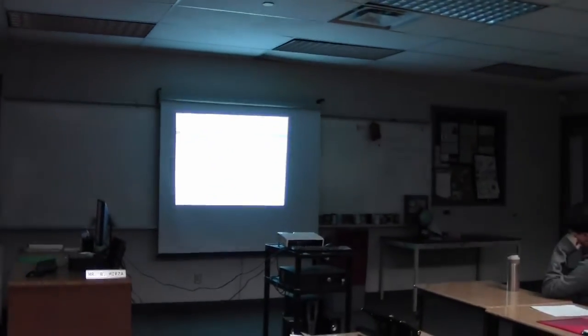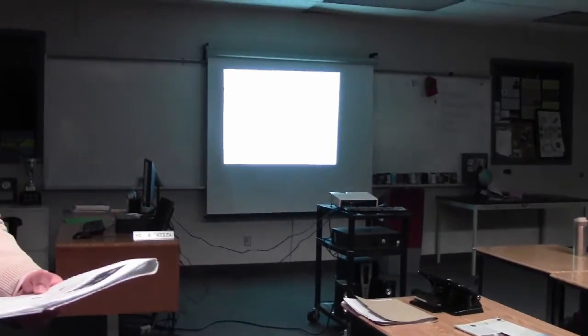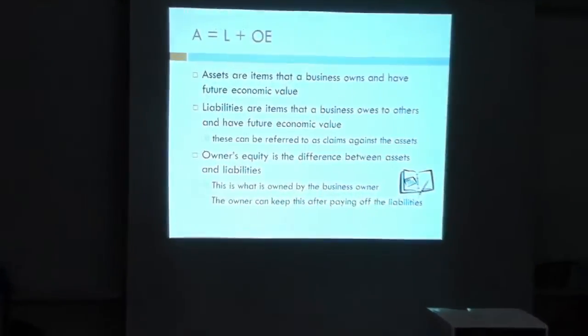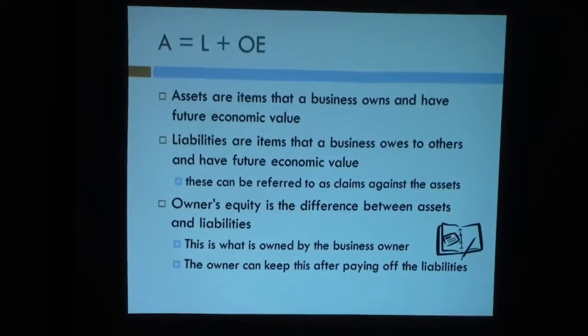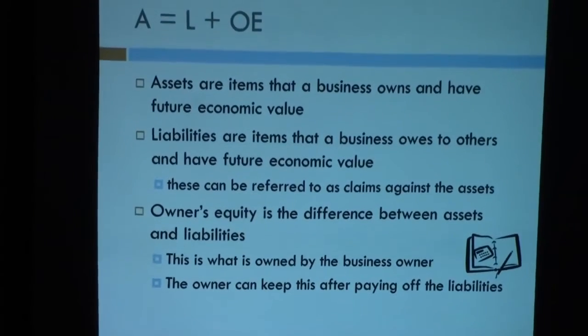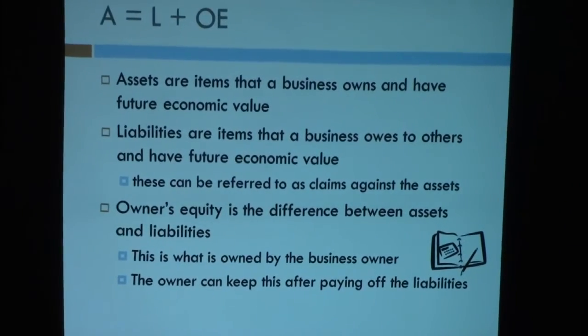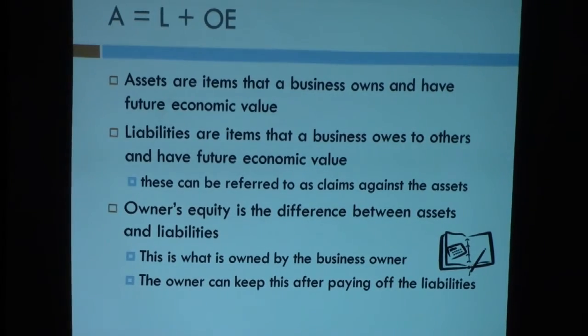So as I was explaining what these items stand for, you can see in this slide that assets are all those items that a business or you own that have future economic value. Now, why do we say as accountants that they must have future economic value? Because assets have to be financially put into the balance sheet.